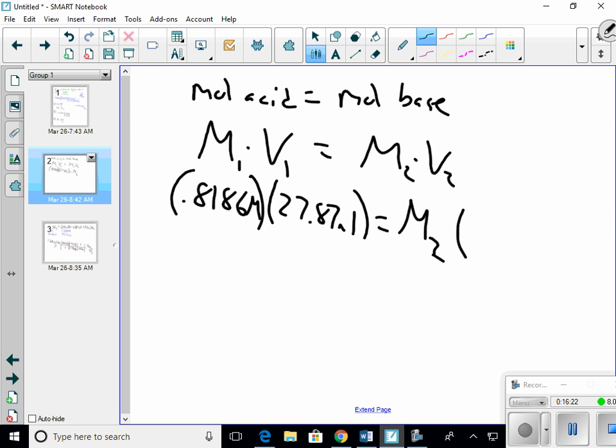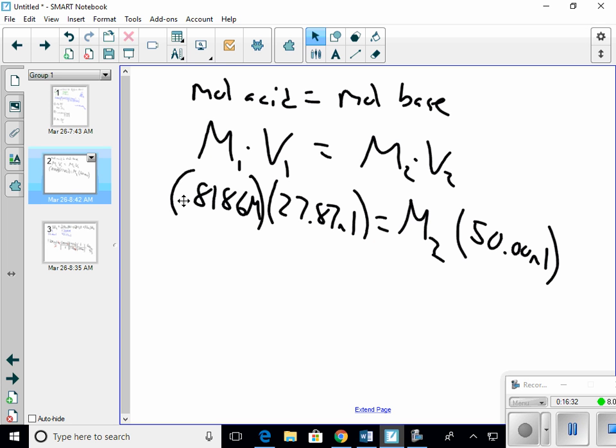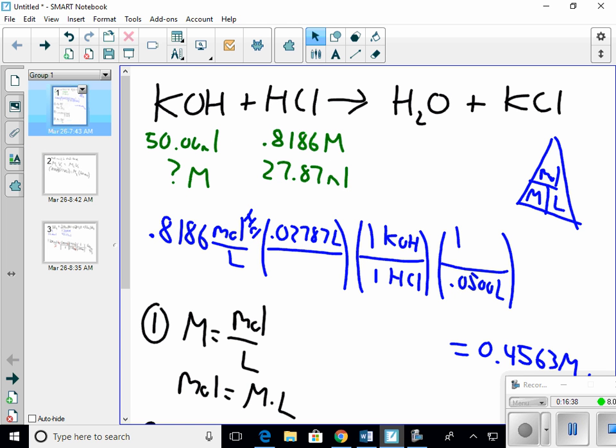I don't know. My V2 I do know, 50 milliliters. Because what do I end up doing? I end up multiplying these two numbers and dividing by 50. What did I do up here? I multiplied these two numbers and divided by 50.